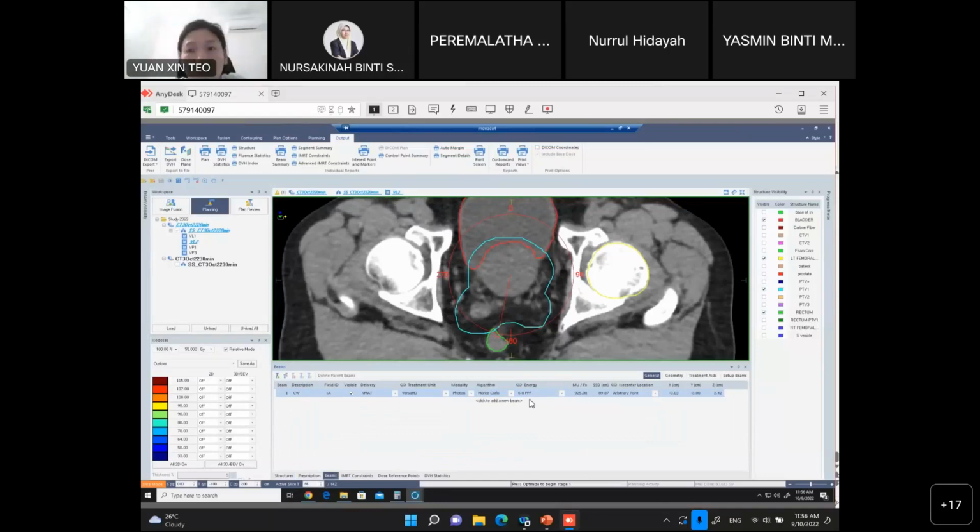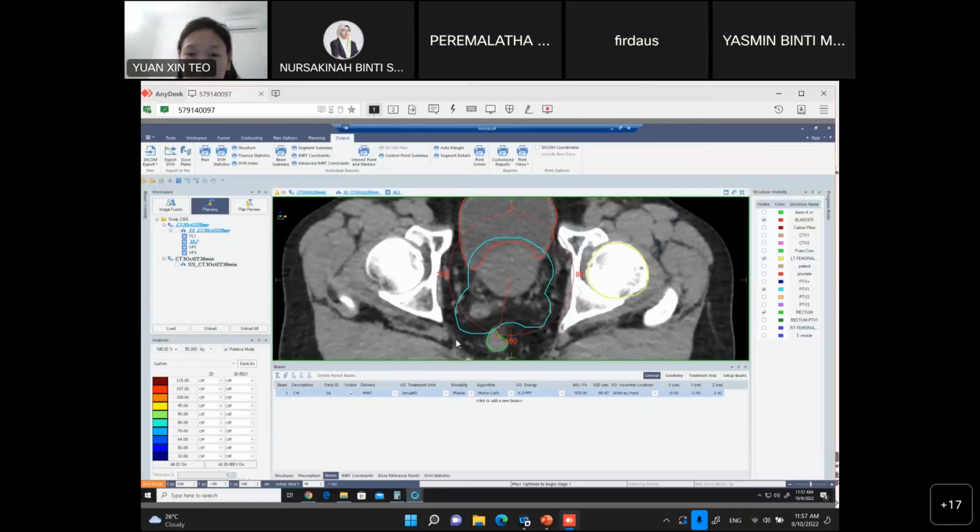Sorry, Miss Teo. Yes, when will we use the counterclockwise or clockwise? It's up to you. You can use clockwise only, but because we want to save time, normally the beam angle you can decide yourself. But normally for Remap, we will give one full arc, and then you imagine when the gantry turns counterclockwise from 180.